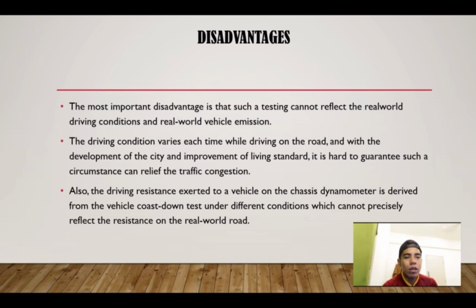Also, the driving resistance exerted on a vehicle on a chassis dynamometer is derived from the vehicle coast down test under different conditions, which cannot precisely reflect the resistance on a real-world road.